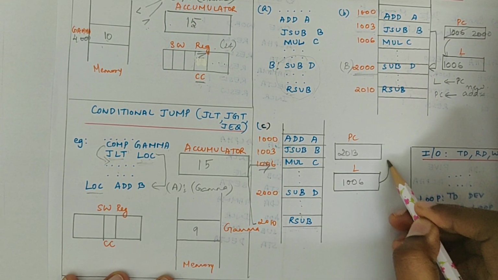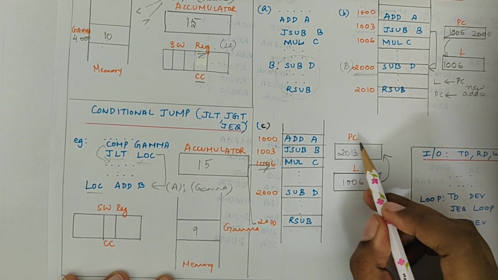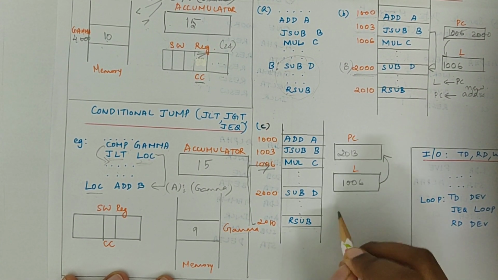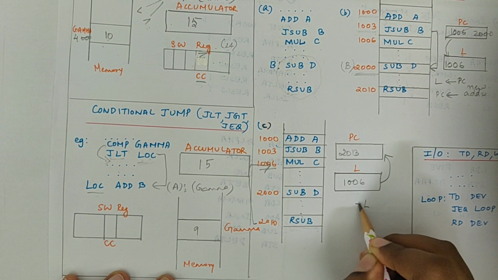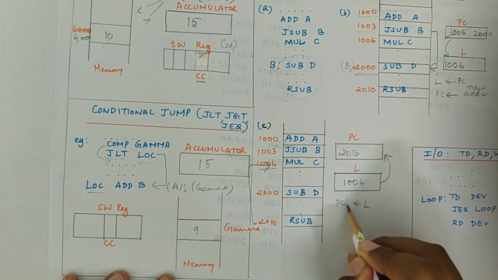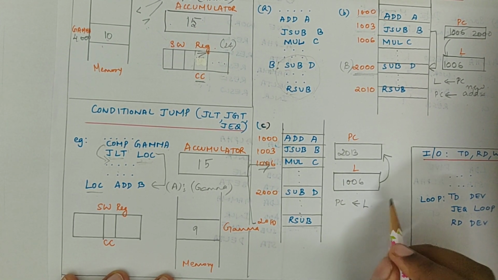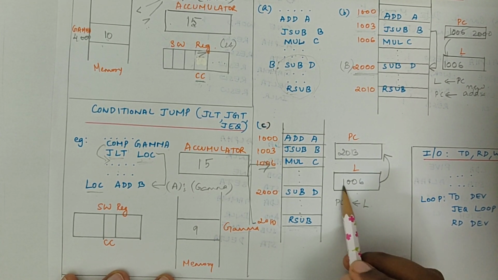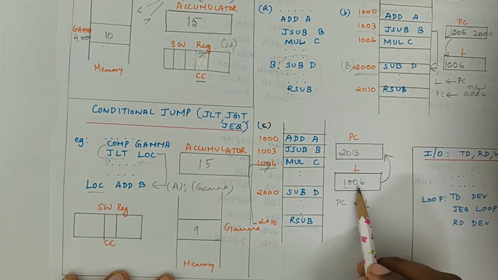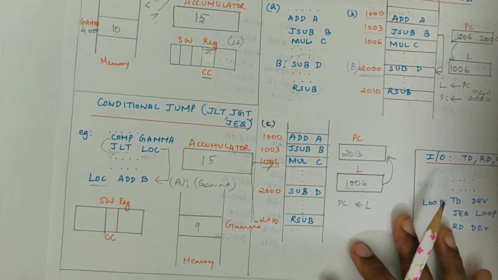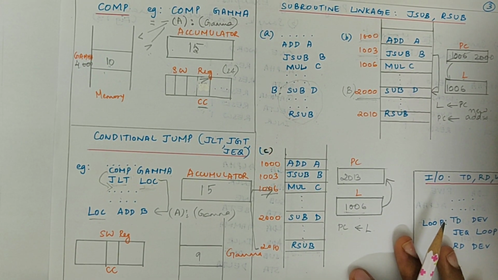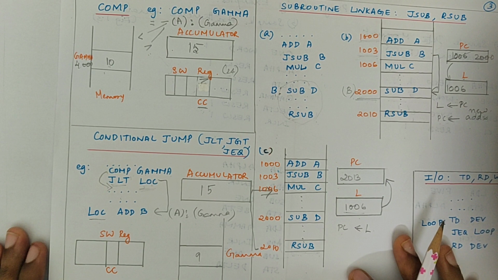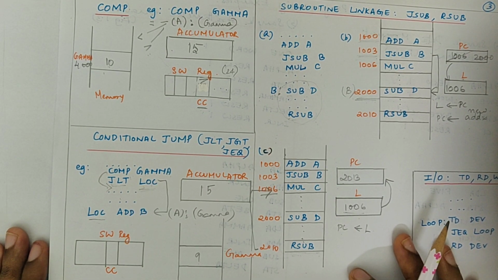So the value from the linkage register will be updated to PC. PC will be loaded with the new value, that is address 1006. Okay, so this is how subroutine linkage happens with the help of program counter and linkage register.